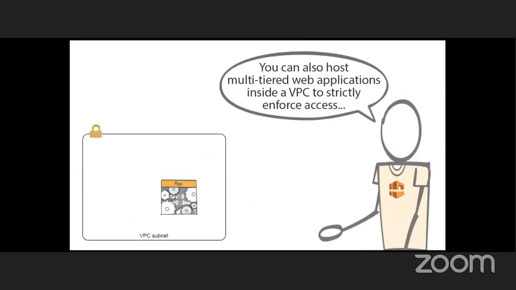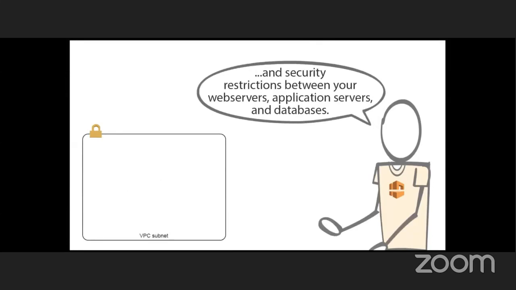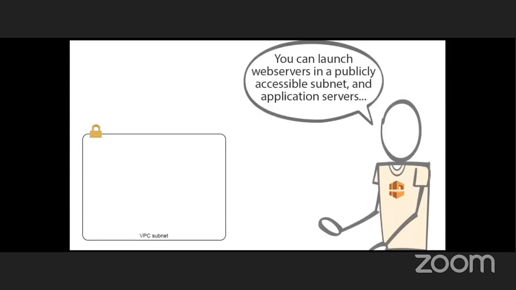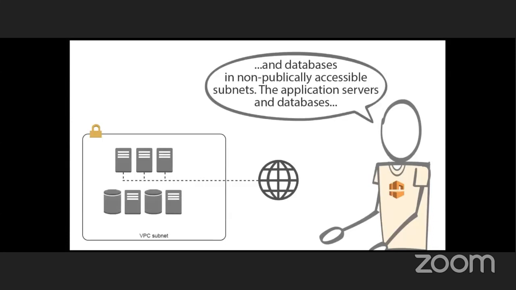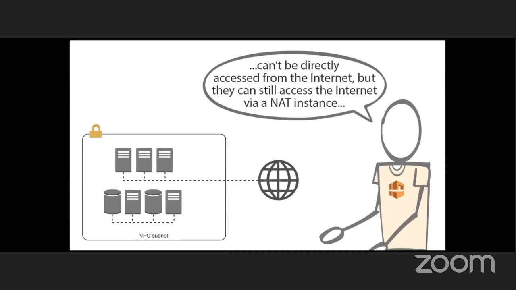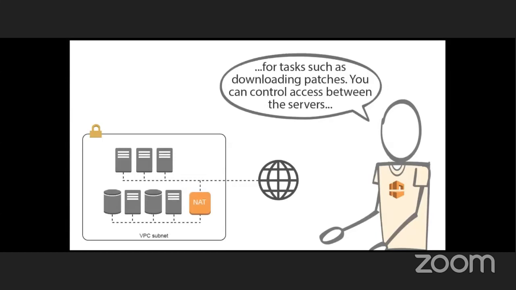You can also host multi-tiered web applications inside a VPC to strictly enforce access and security restrictions between your web servers, application servers, and databases. You can launch web servers in a publicly accessible subnet and application servers and databases in non-publicly accessible subnets. The application servers and databases can't be directly accessed from the internet, but they can still access the internet via a NAT instance for tasks such as downloading patches.